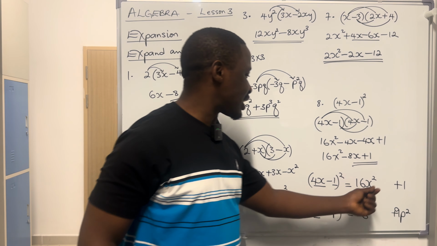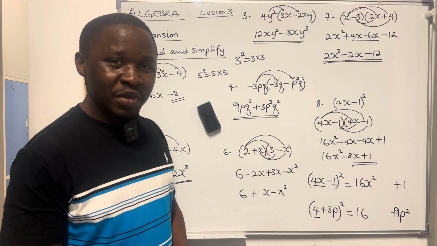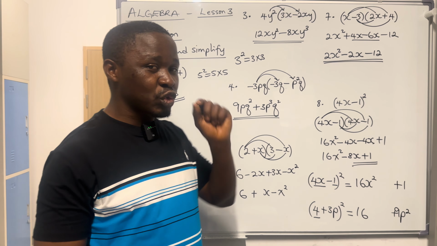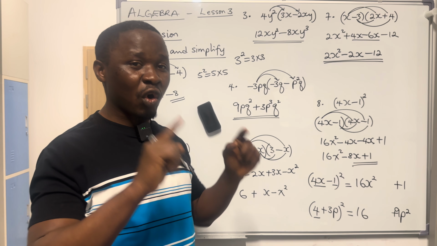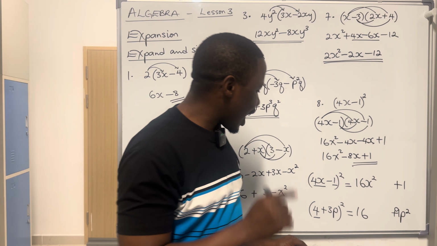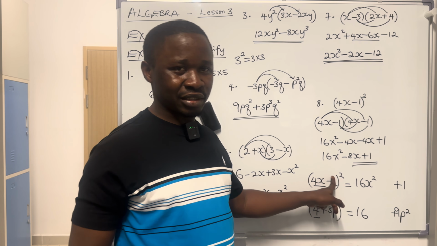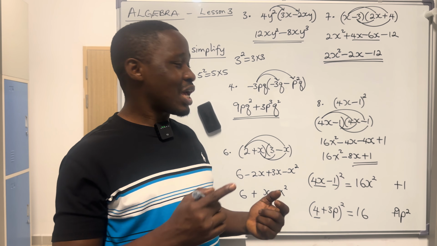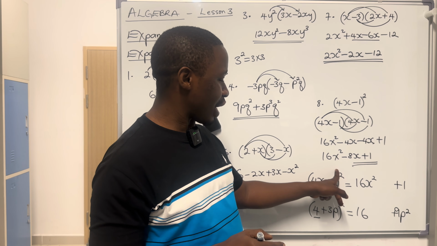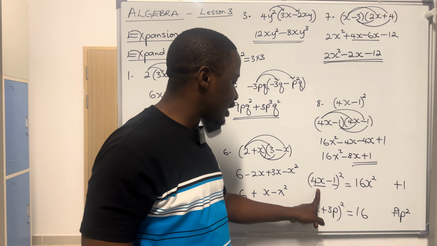So how do we get the middle term? The middle term, what do we do? We say 2. You always start with 2 all the time. 2 times this. Always use 2, as long as the power is 2 here. 2 times this.